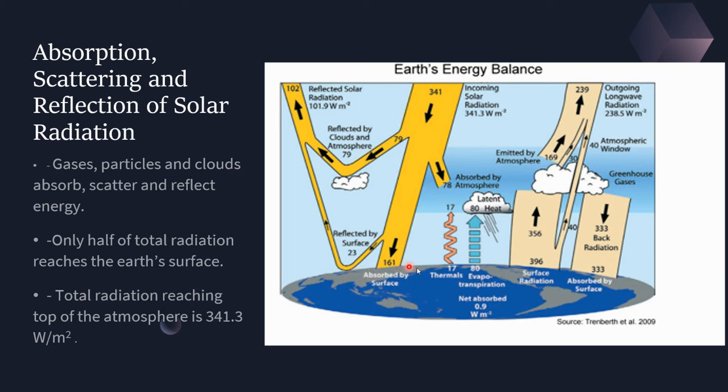It might be the land surface, it might be the water surface, whatever it is, it's absorbed here, and 23 of them are reflected. So this is the figure you need to study to answer some of your questions. I will take you to that again. These are the things I already told you about.